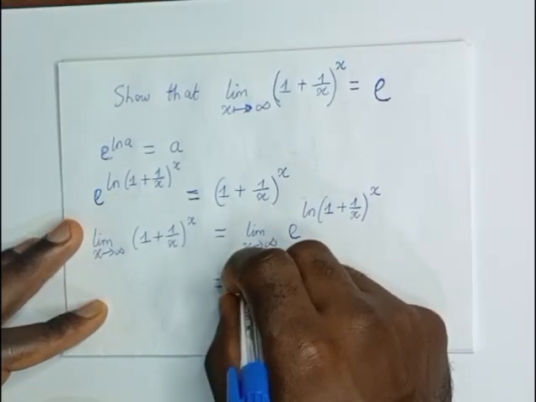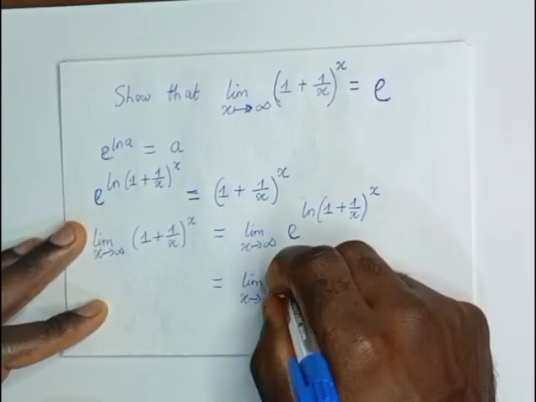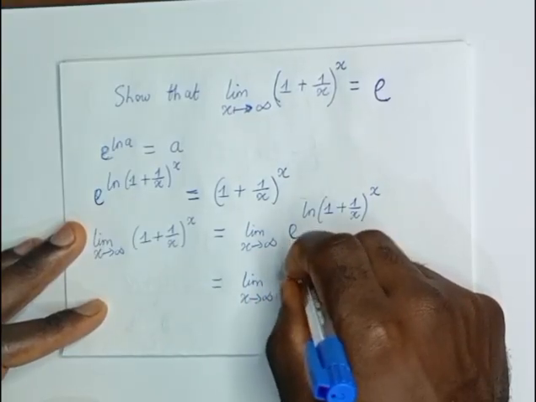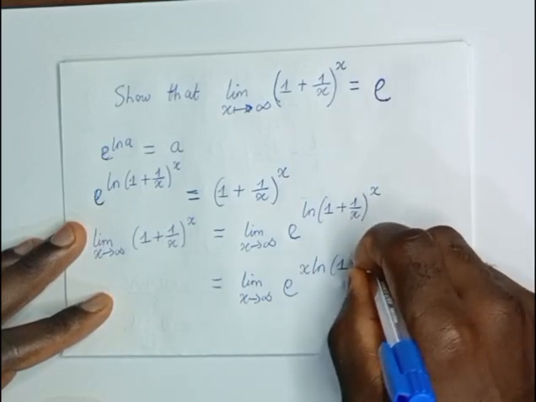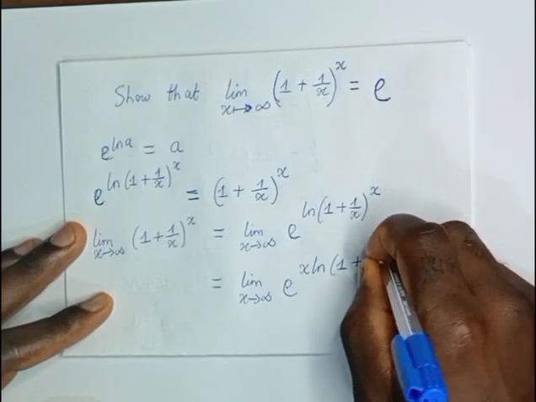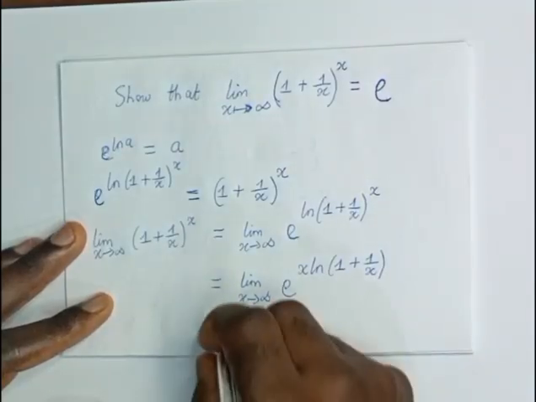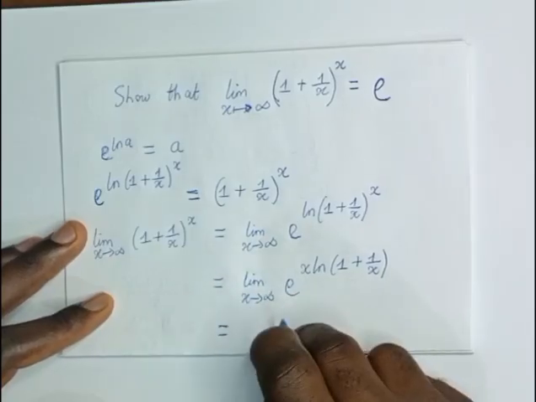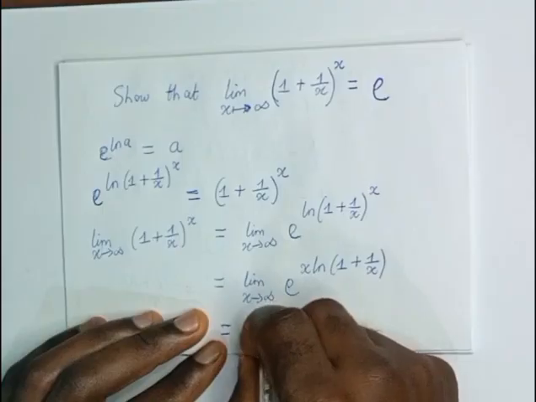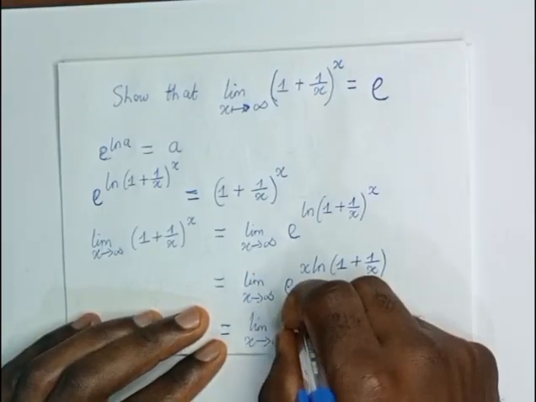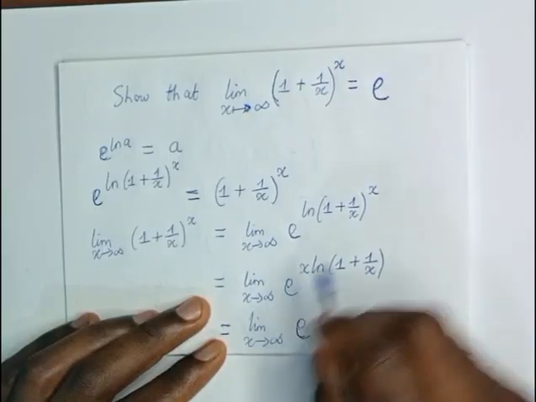This will simply be equal to the limit as x tends to infinity of e raised to the power x ln(1 + 1/x).